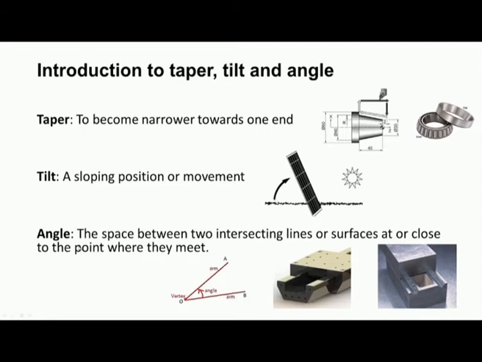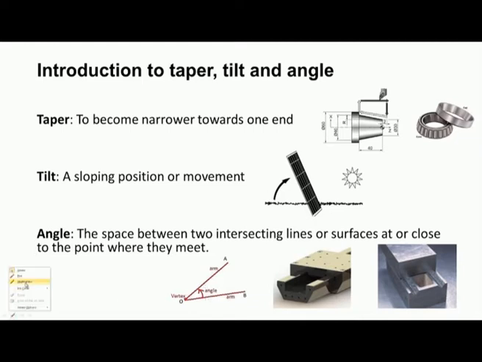And then we have the term angle. It is the space between two intersecting lines or surfaces at or close to the point where they meet. That means, if you take the two lines OA and OB, these two lines are getting intersected at this point O. Now, this space is known as angle.